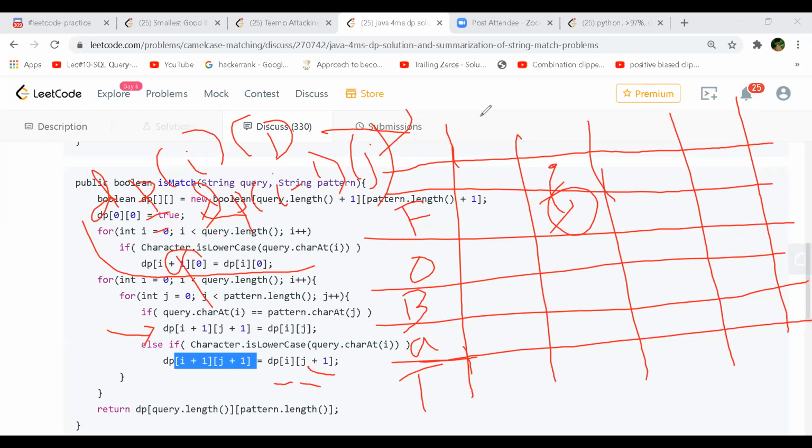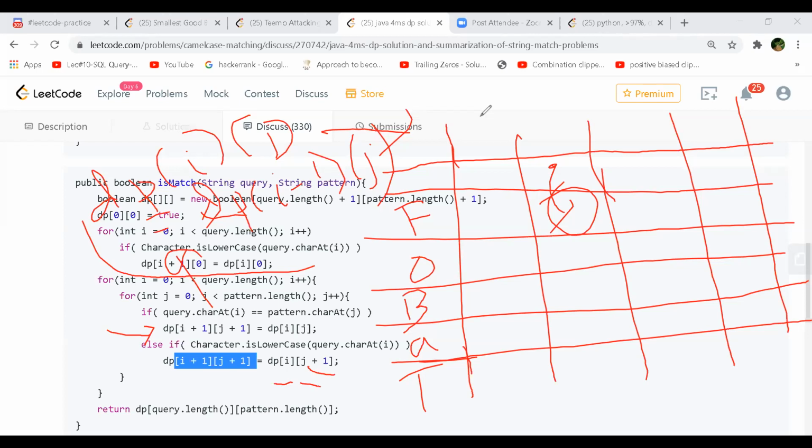So if there is a true value in the upper one, you can copy that, correct? So then you have a continuation and then you go ahead, and when you come to the end, if it is true, you will return true. Okay. So you will reach true only if you have all the lower case in the query, or if you match all the patterns.